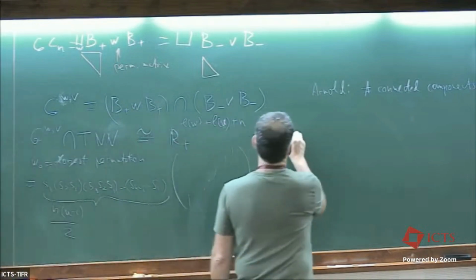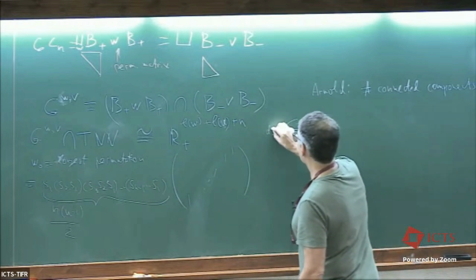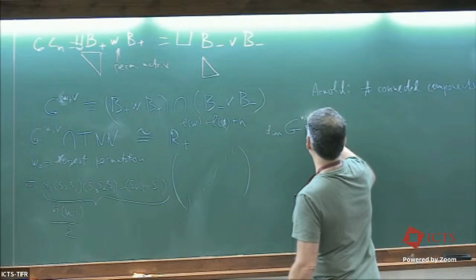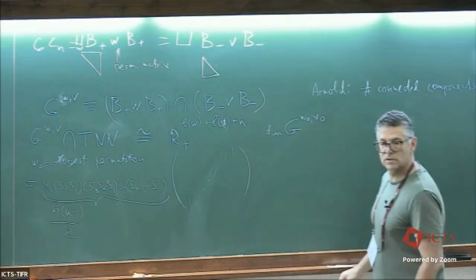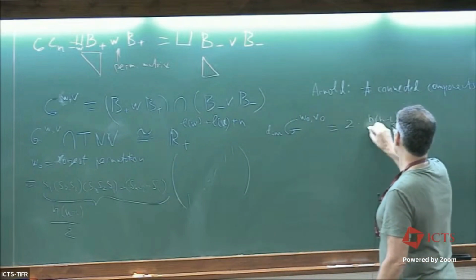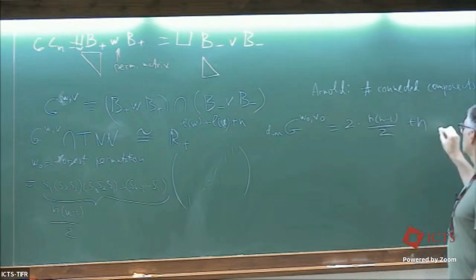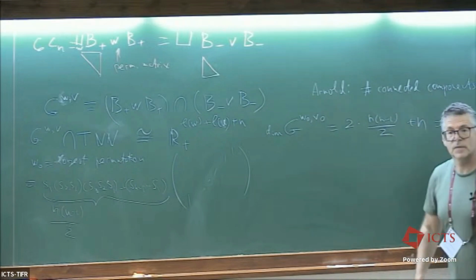So what is the dimension then of G^{w0,w0}? It's twice n times n minus 1 over 2, plus n, which is n squared.